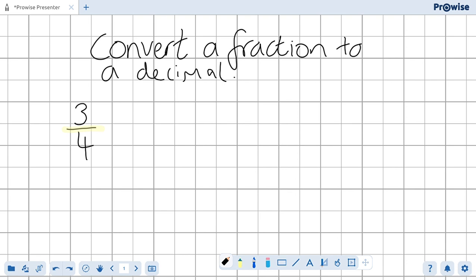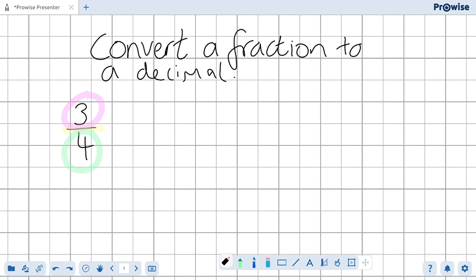So the really quick way to convert a fraction to a decimal is to divide the numerator by the denominator. So we can do this by using a quick bus stop method.